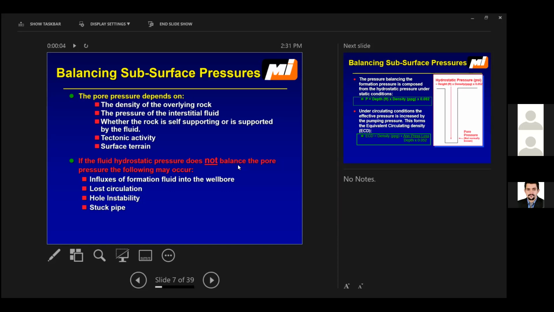So if you didn't balance the pore pressure, what will happen? You will get some problems. What problems? Like influxes of formation fluid into the wellbore, lost circulation, hole instability, and stuck pipe.